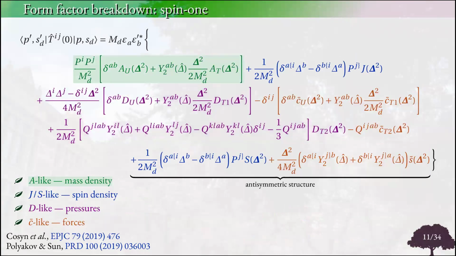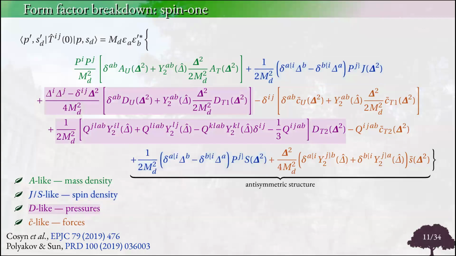Another way to try to break this down and systematically understand the individual terms is, you have some that are kind of like the A form factor that appears in the spin 0 breakdown, one unpolarized, one tensor polarized. You have 2 J or S-like form factors, again, the same ones that appear for spin 1/2 targets. They're related to various sorts of angular momentum properties.